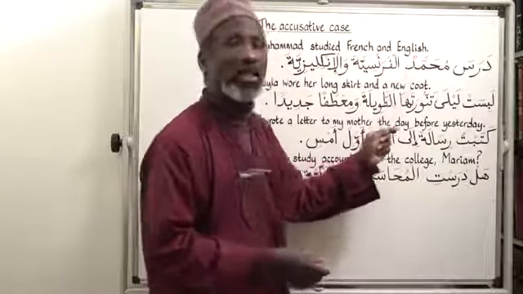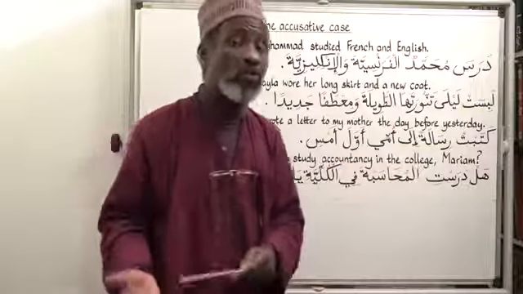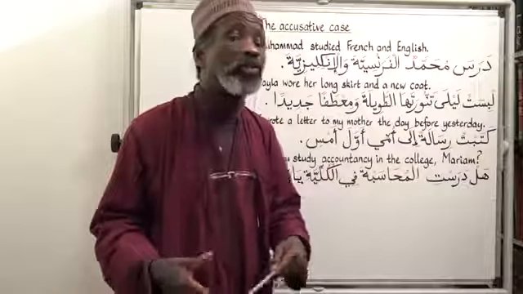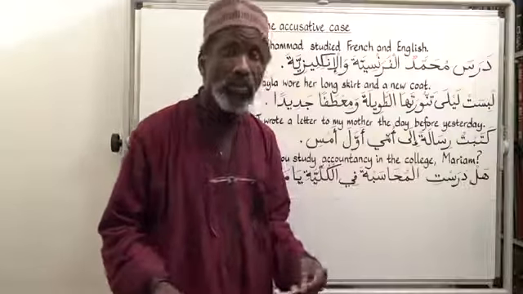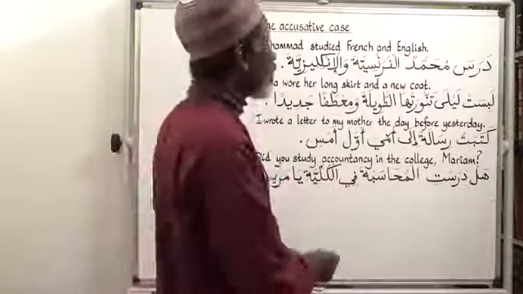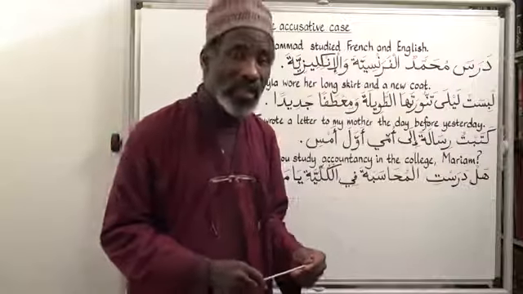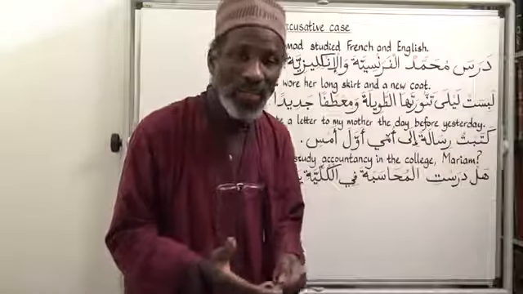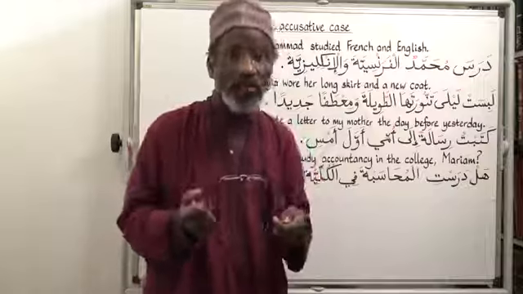Muhammadun is the subject. The subject, meaning the doer of the verb, the person who carried out and is responsible for the action, is called in grammar terms the subject. Then the object, al-faransiyata here. Object means the person or item at the receiving end of the action.